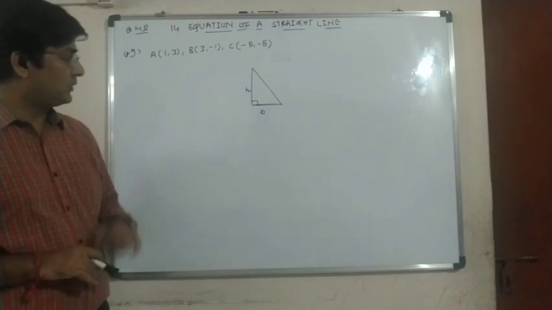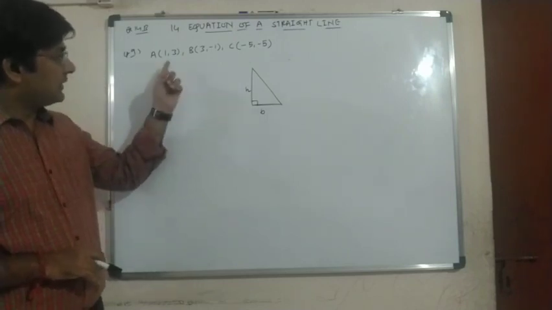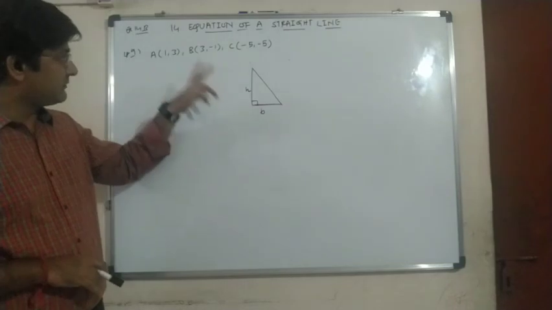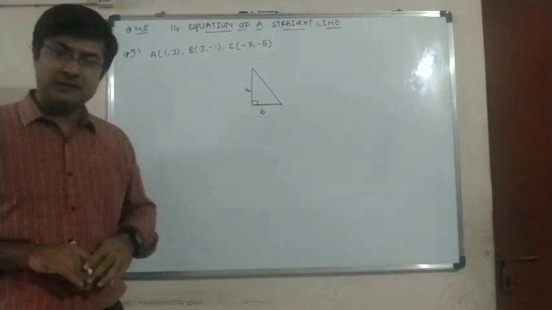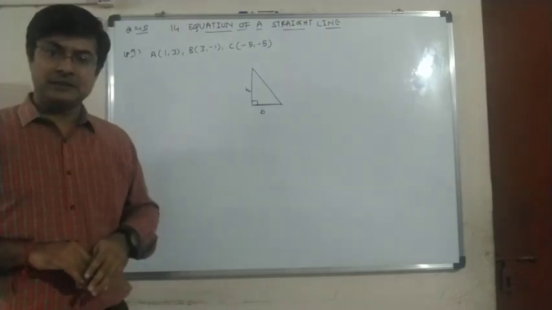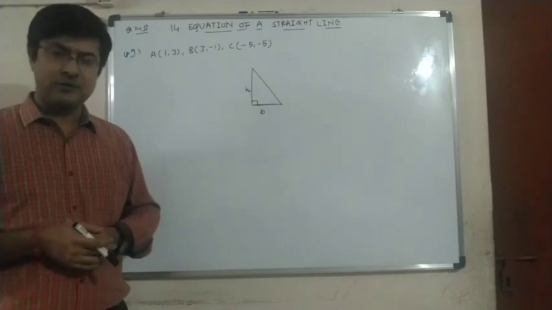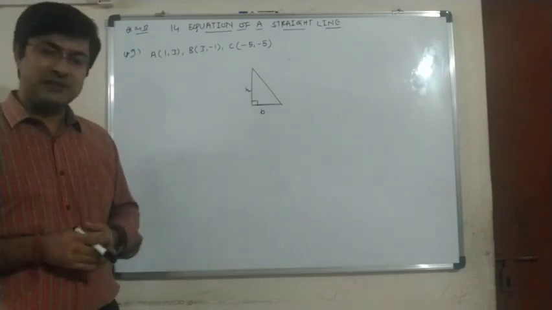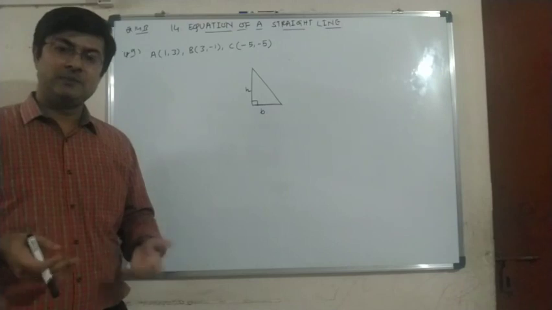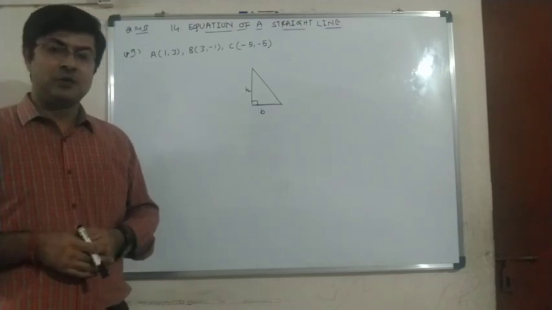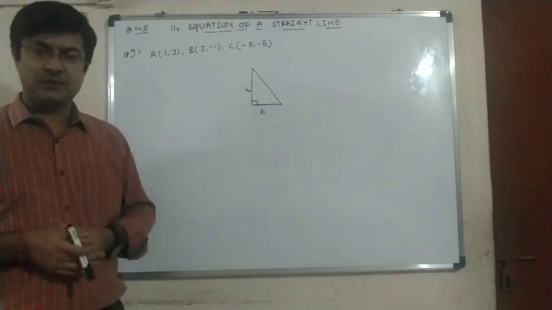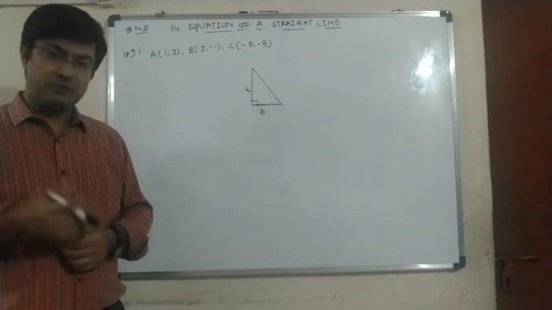Clear? So what we will do, since we don't know which two sides are perpendicular to each other, for example, AB and BC are perpendicular, or AB and AC are perpendicular, or BC and AC are perpendicular. We don't know. We have to determine that.